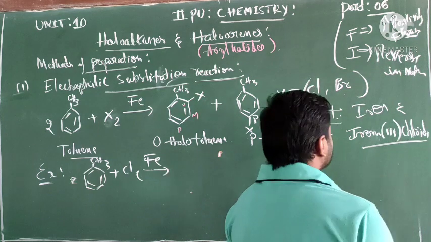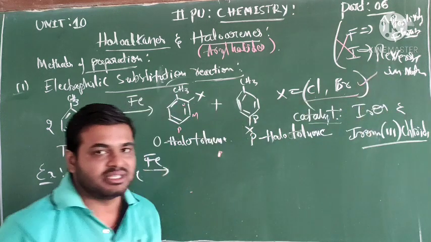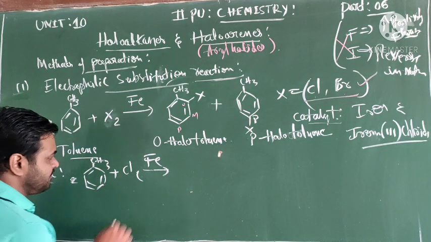That's why we do not take X as fluorine or iodine; only chlorine and bromine.